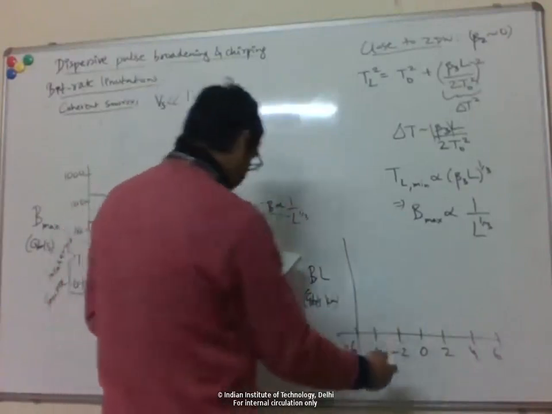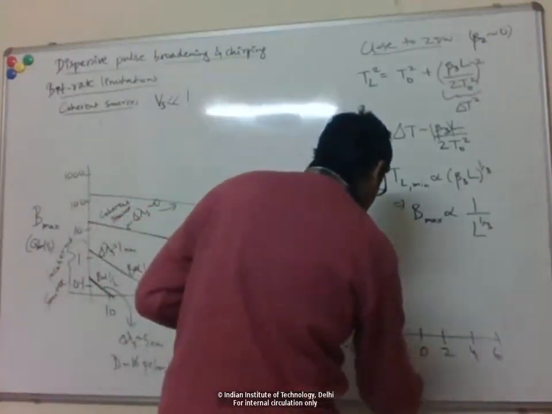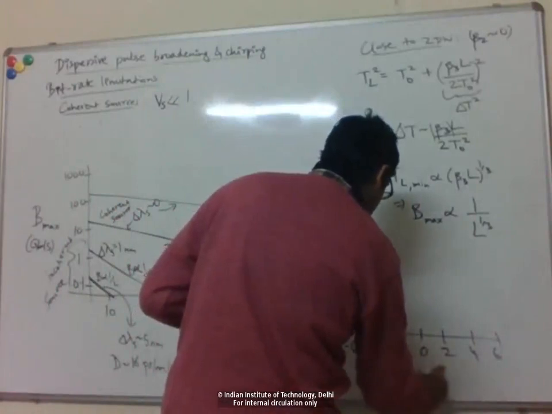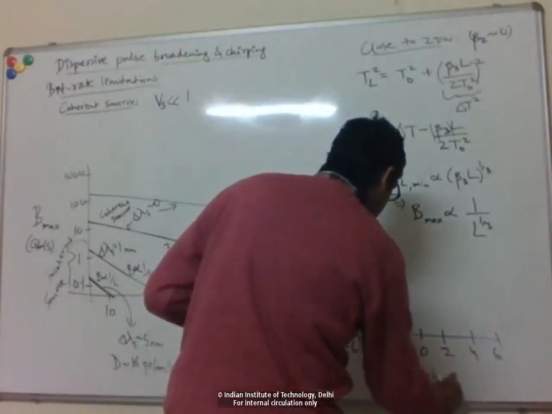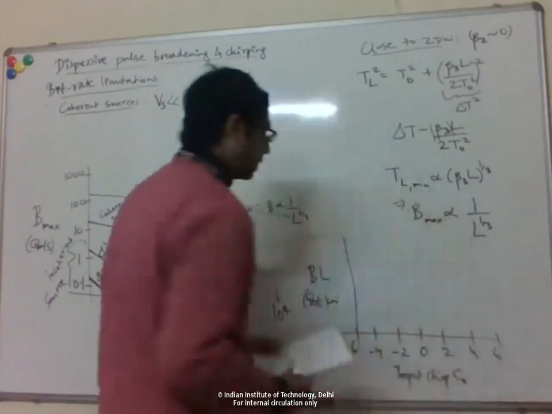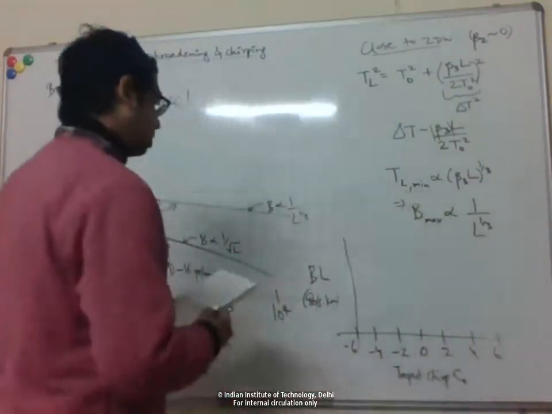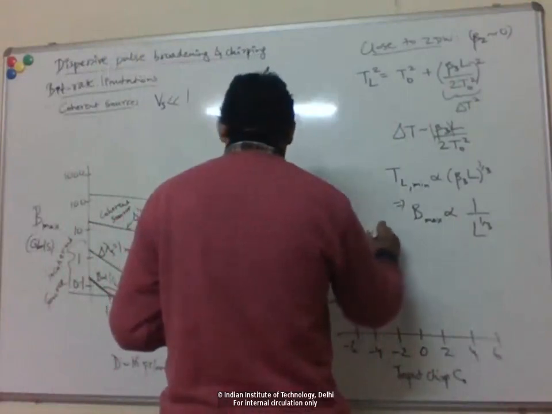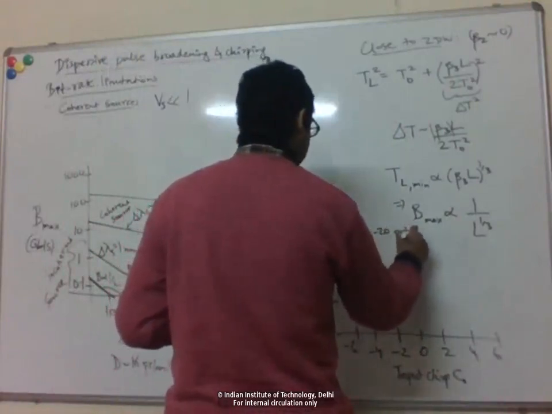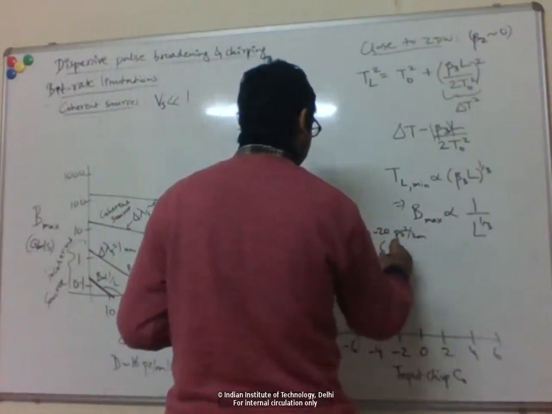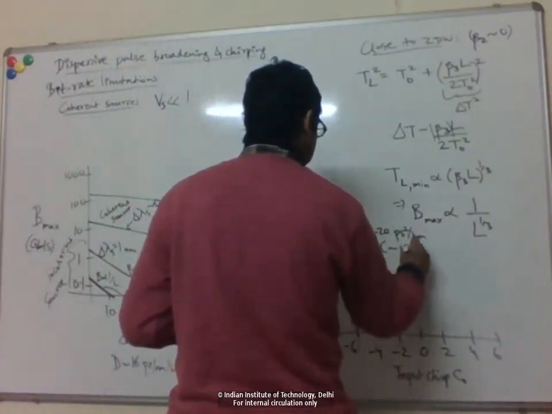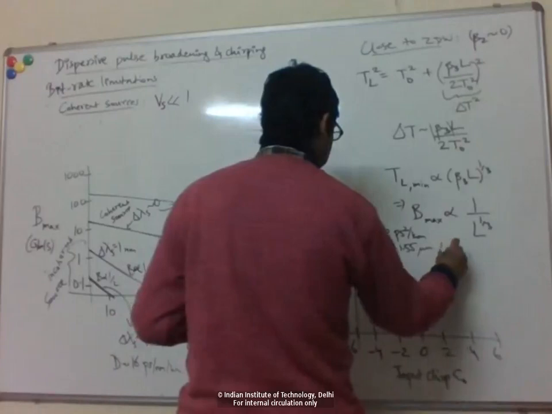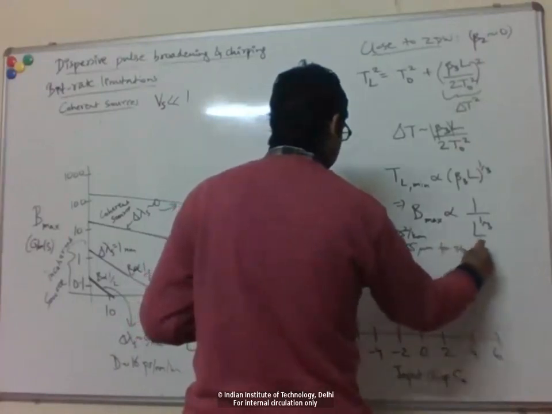Again, when we are talking about chirp, it automatically means it's a coherent source. This is the chirp at the transmitter, the input chirp C0. Let's take again this beta 2 value to be minus 20 picoseconds squared per kilometer, the typical value at 1.55 micron for the standard single mode fiber.